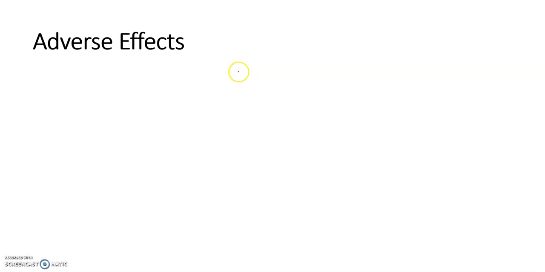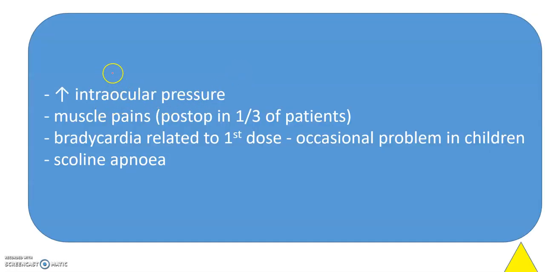So adverse effects of succinylcholine can cause an increase in the intraocular pressure, the pressure inside the eye. This is not a good thing, because in the exam some of you will answer that certain drugs are given to increase the intraocular pressure. Of course, that's not true. We don't give a drug to increase the intraocular pressure purposely.